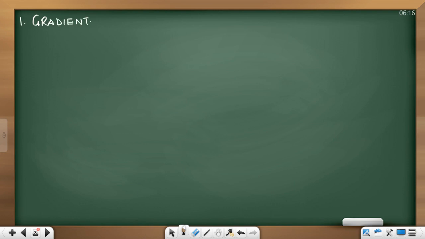We have an idea, so it's not going to be a new concept. We're just going to add a few things to it. Gradient describes the slope between 2 points.